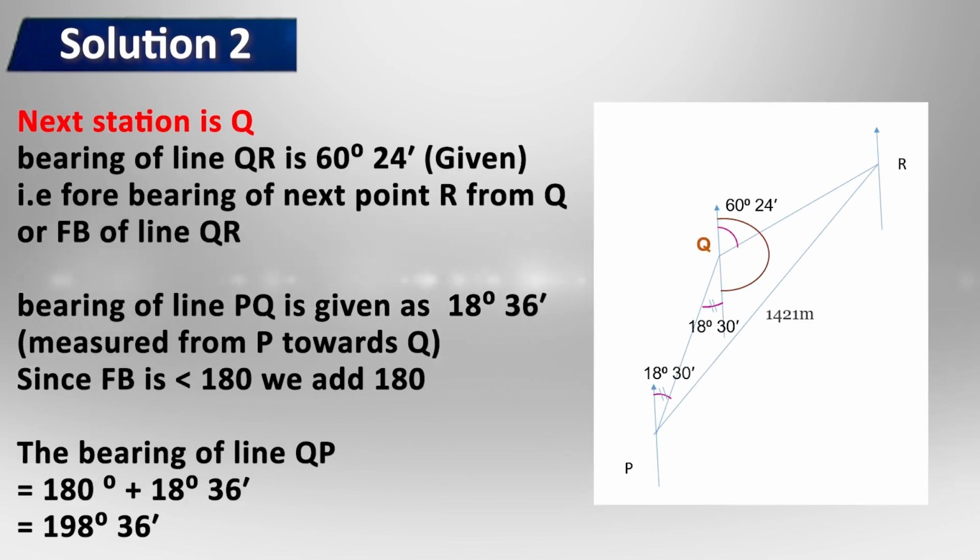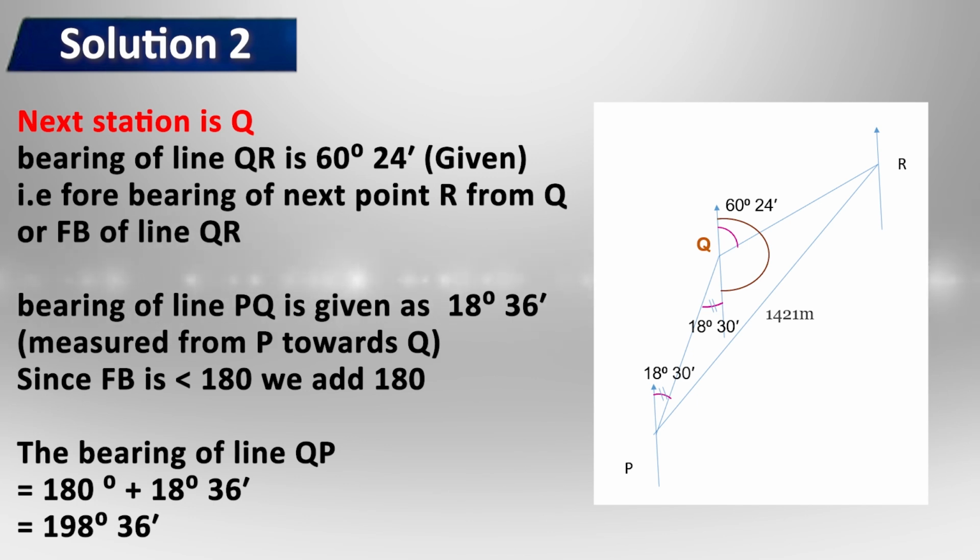Now moving to the next station, that is Q. The bearing of line QR is 60 degrees 24 minutes, that is the forebearing of the next line. From Q the next point is R, or line QR. The bearing of the line PQ is already given as 18 degrees 36 minutes, measured from P towards Q. But since we are at station Q, we need the bearing QP, that is the back bearing of line PQ.